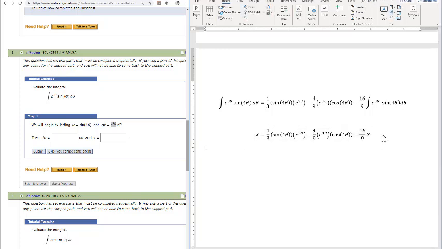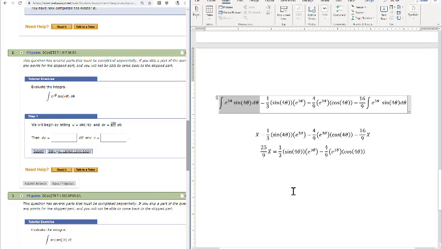Let's take this, add this to both sides. And then we have this thing, 16/9, with a common denominator of 9. 9 plus 16 is 25, so this is going to be 25/9. And times x, but x is equal to this thing, if you remember. So let's replace that back with x.